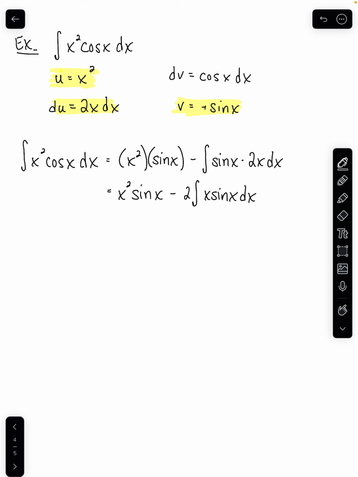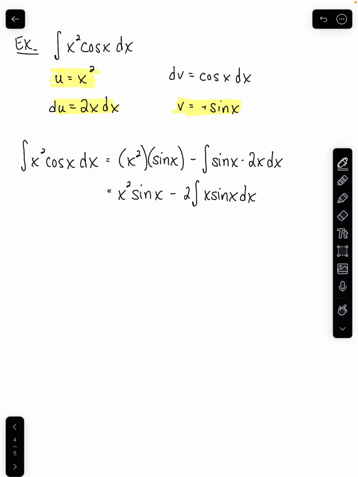Now in our previous two examples, after we did the integration by parts formula, it produced an integral that was simpler and actually that we could just integrate straight out. No special other techniques needed. That is not the case here.